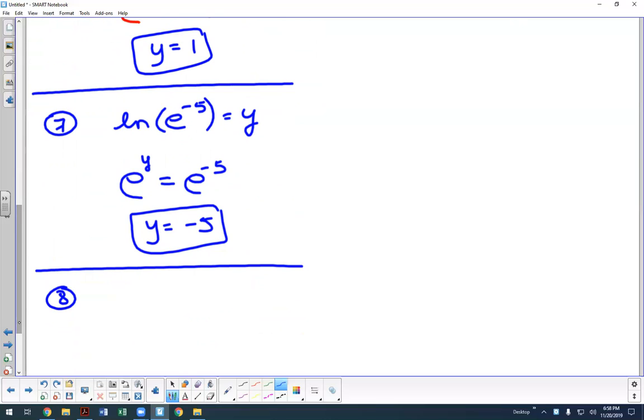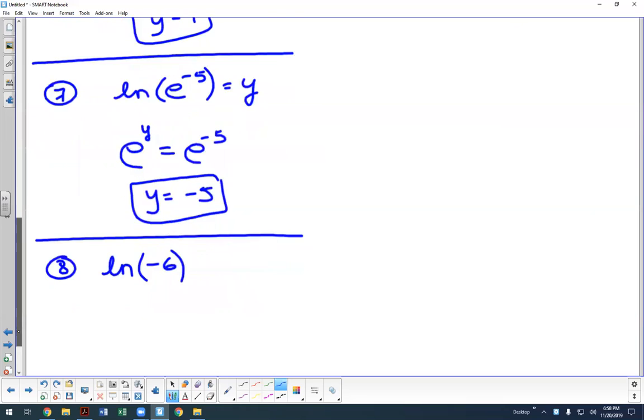So why does it not work on 8 is what you're asking. Because you can type that in your calculator, since it's natural log and you have a natural log key. Did you try it on your calculator? What did you get? Error. Does anybody remember why?